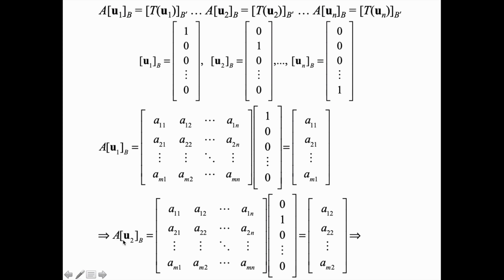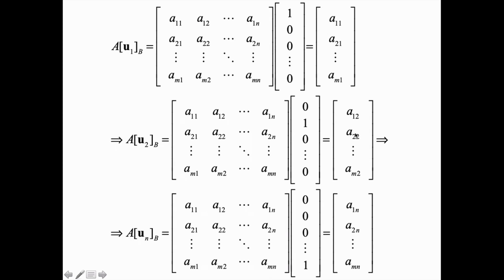Similarly, A times the second coordinate vector of u2 relative to basis B has a 1 in the second position, so that just captures column 2. So on and so forth, as we go down the line, the transformation matrix A times the coordinate vector for u sub n relative to B would just capture the nth column. Okay? So we're capturing one column at a time by multiplying by these particular basis vectors relative to basis B.